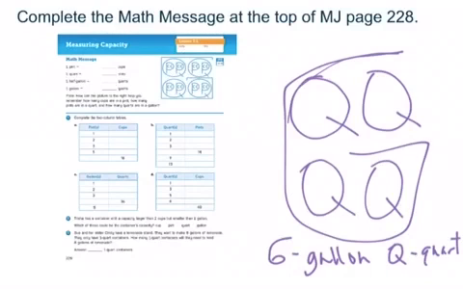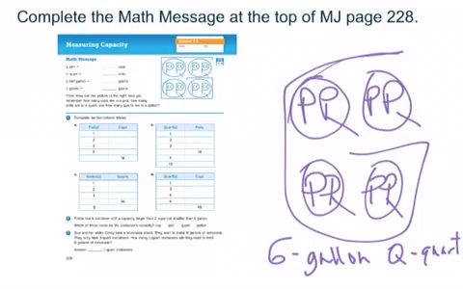Then you can see that inside of each Q there are 2 P's. Those P's stand for pints. I know it's spelled pint, but it's actually pronounced pints. Okay? And then inside of the pints there are 2 little C's.